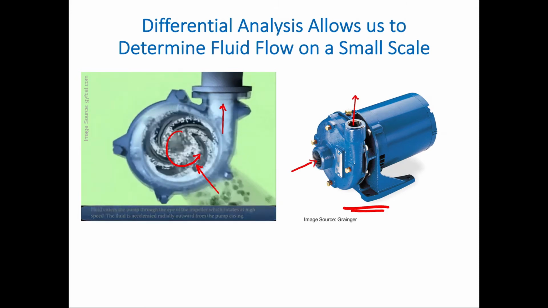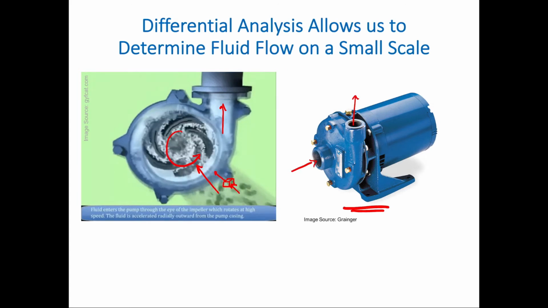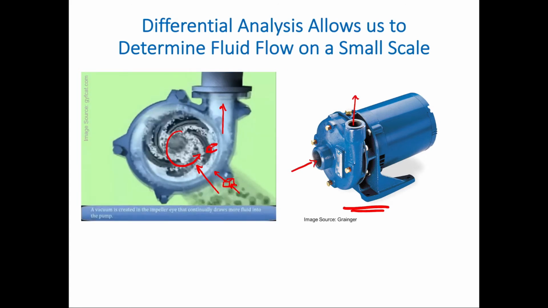So with differential analysis, we would be taking infinitesimally small sections and tracing this fluid as it comes through this section. And we'd be doing the same here, right? We'd be considering all of these tiny differential elements inside of here and how fluid moves through them in order to analyze this pump.